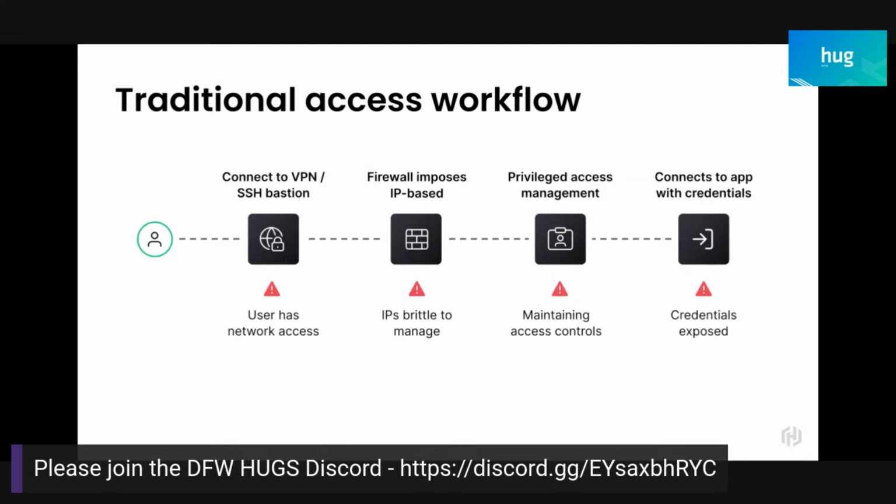Finally, users often obtain static credentials, which increases the risk of credential sprawl and security breaches. In other words, you have this firewall, but it's only good if everything is a static IP. But now everything has changed.